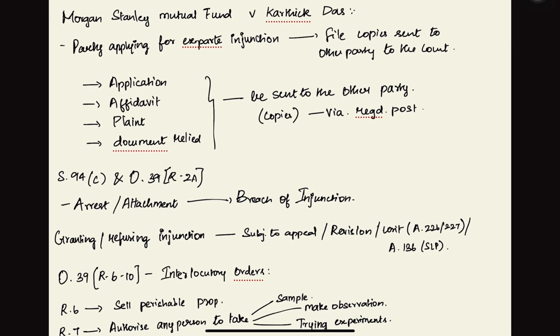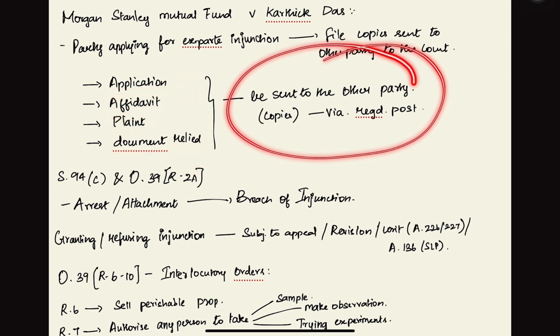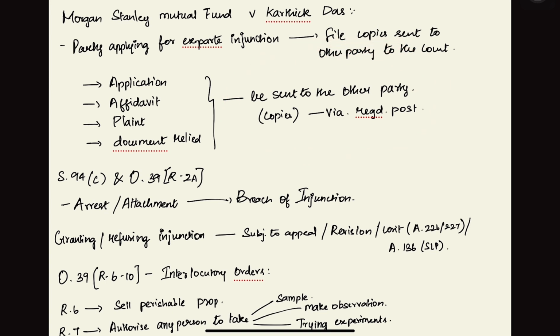And in Morgan Stanley Mutual Fund versus Karthik Das, it was held that the party applying for ex parte injunction has to send the application, affidavit, plaint, and documents relied on in order to grant that injunction to the other party against whom such ex parte injunction is passed.